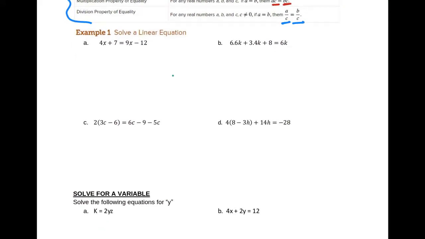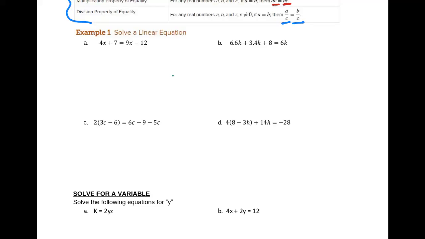So let's take a look at example 1. 4x plus 7 equals 9x minus 12. Are there any like terms on each side separately right now? On each individual side? Like on the left, can I combine any terms there? Or on the right?